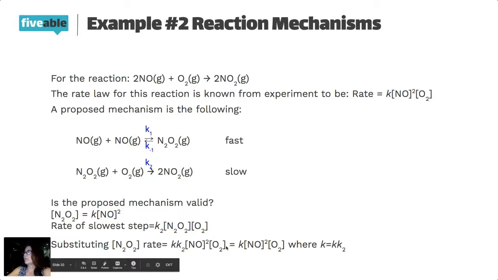So now the rate would be K times the concentration of NO to the power of 2 times the concentration of O2, and it matches the experimental rate law. So the second requirement is met. So this is a valid reaction mechanism.